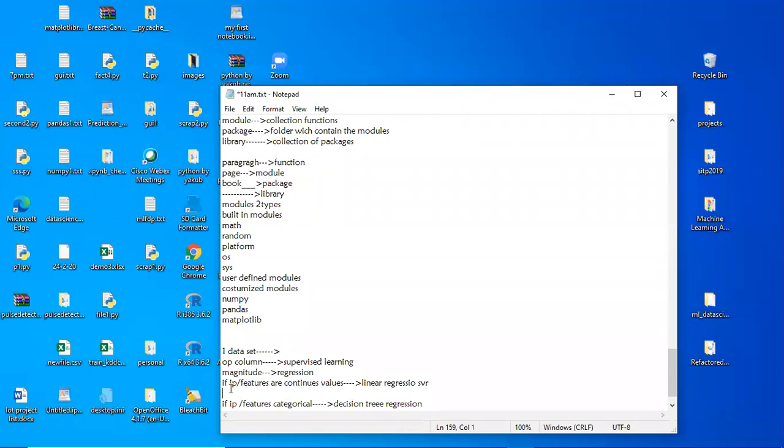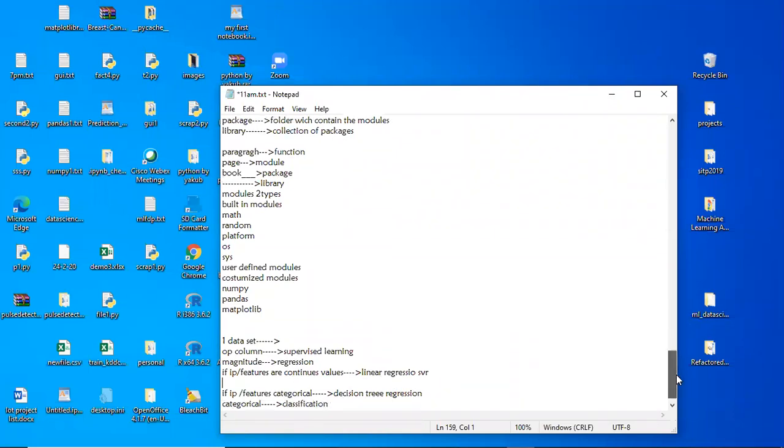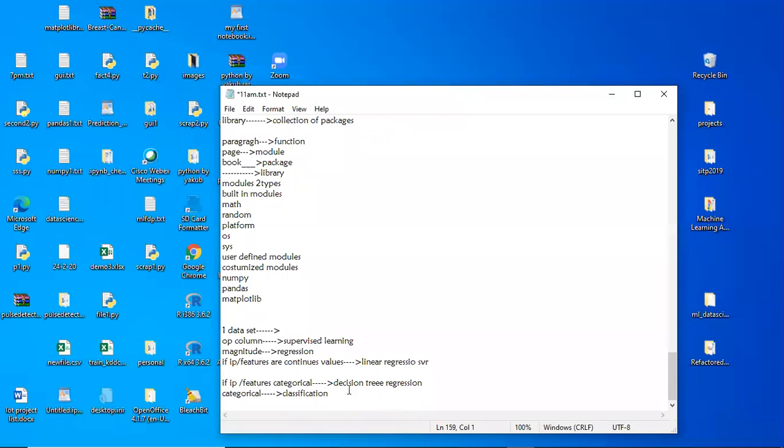If the relation between input and output is exponential, then apply a polynomial regression model. If your input features are categorical, then go with the decision tree regressor, or one more regressor, the random forest regressor.